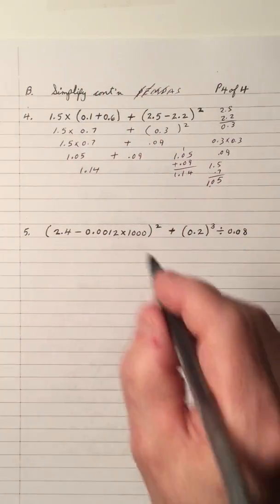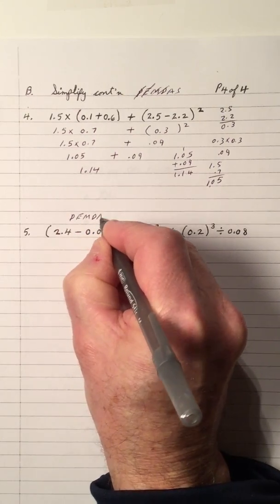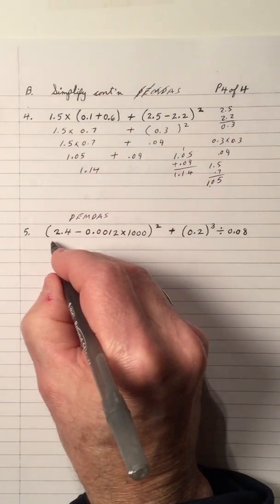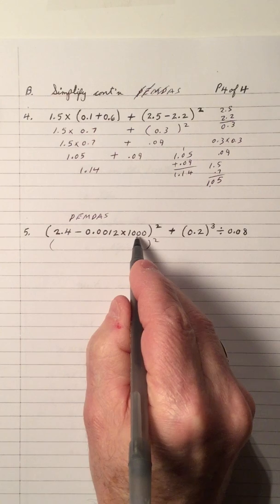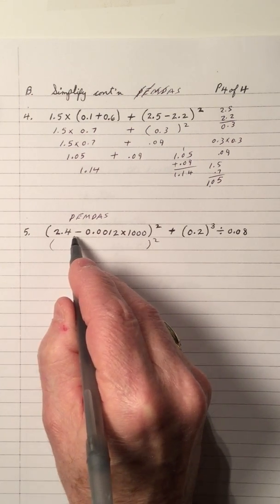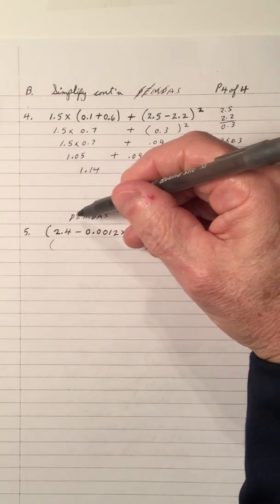Number 5, let's do PEMDAS again, or BEDMAS. I have to do the inside of the brackets, but the inside of this bracket has a multiplication and a subtraction. So even on the inside, I still have to obey PEMDAS.